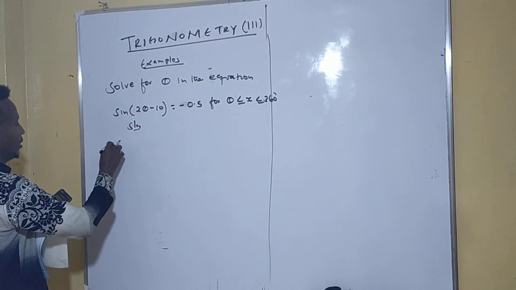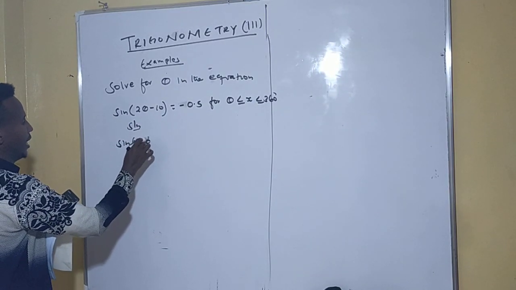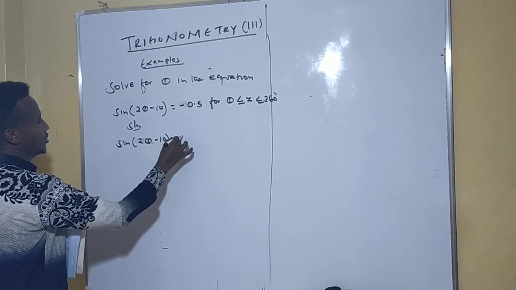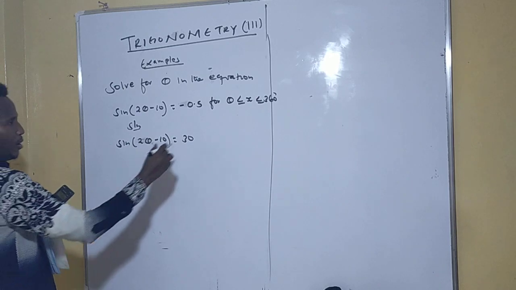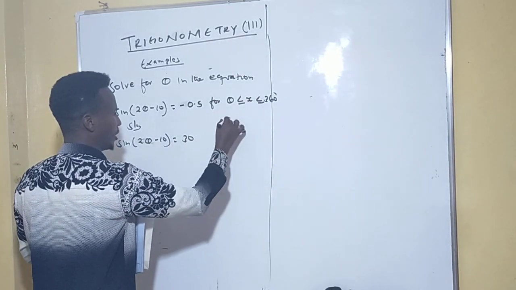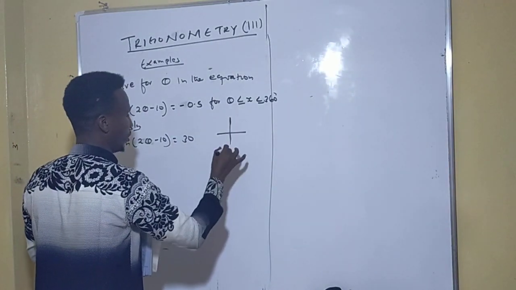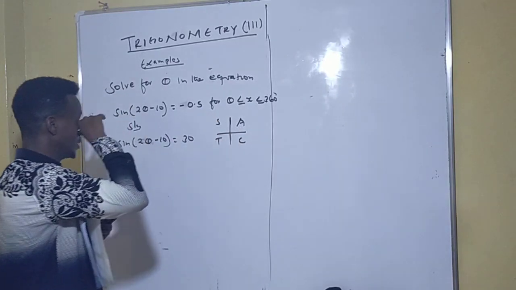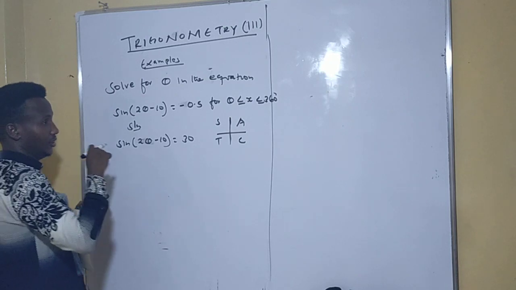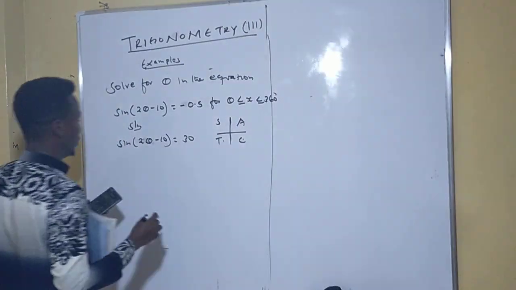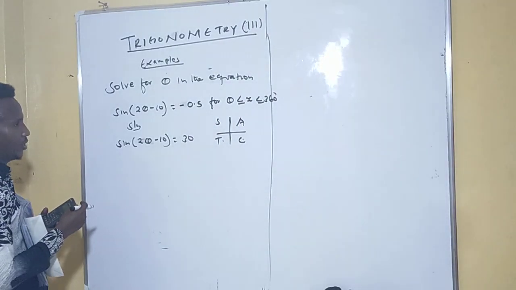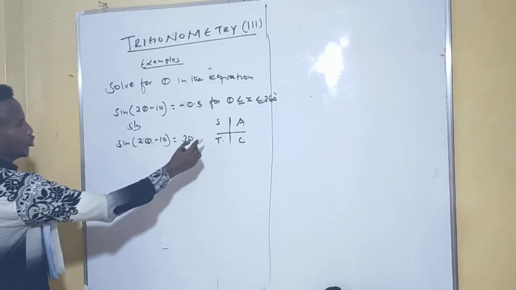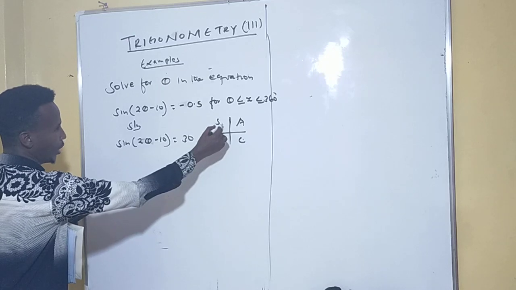Coming to the solution, I'll say sine (2 theta minus 10) is equal to that. Remember, when you do your quadrants, this is A, S, T, C. So sine is negative in the third and fourth. For us to go to the third quadrant, we are going to add 180 to this one.